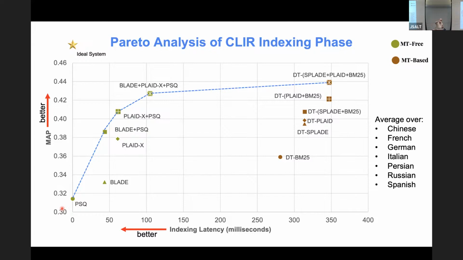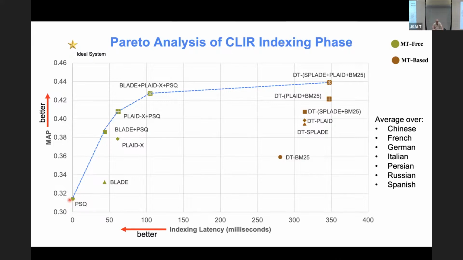It's a frontier, right? And here we have a Pareto analysis of a bunch of cross-language retrieval systems. And you can see that you might choose to be at any point along this frontier, along this dotted line. If you really care about latency, you just can't afford any latency at all, you're going to take this system called PSQ, and your effectiveness is not going to be that high.